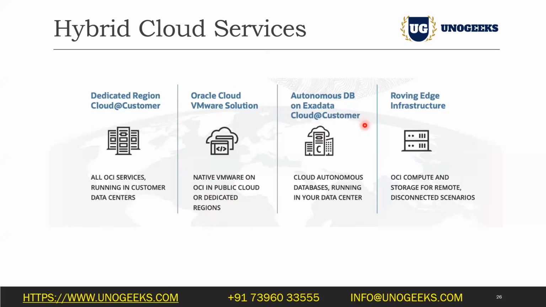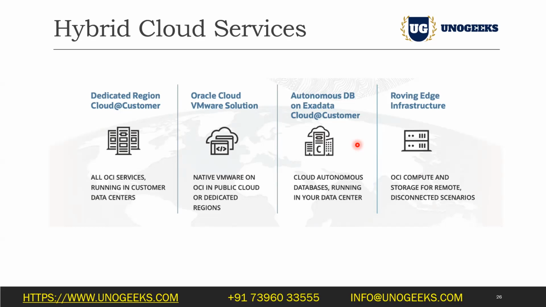And then you can use Autonomous DB on Exadata Cloud at Customer. The idea here is to use all the advanced autonomous DB capabilities that are available in OCI in your on-premises also. Like you have asked this question, whether you will be able to use this on-prem or not.